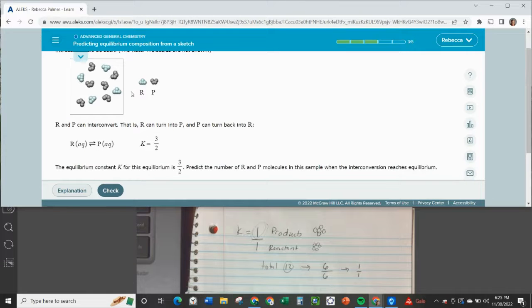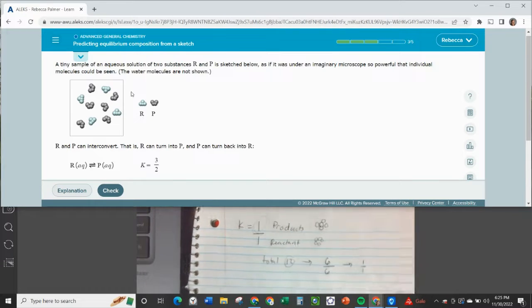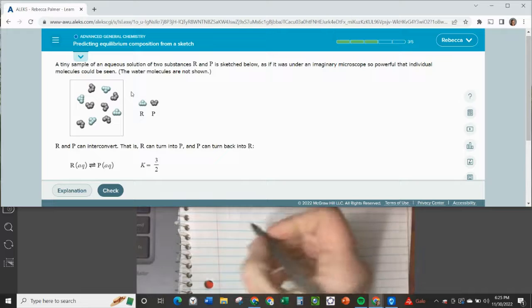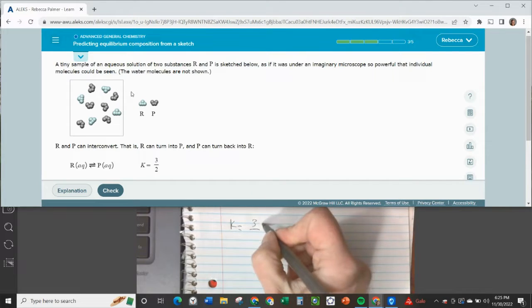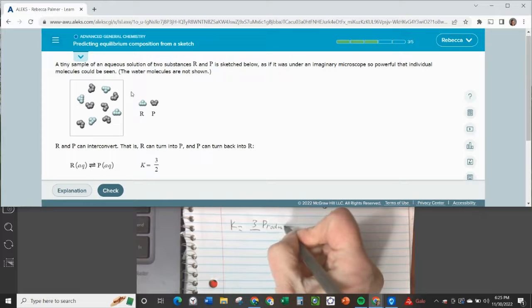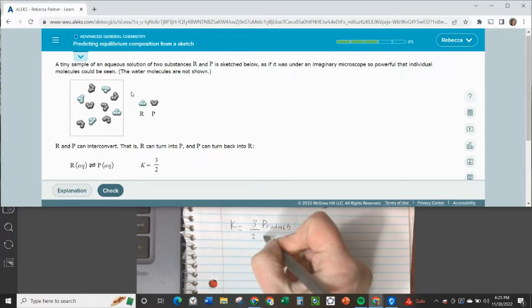Okay, how about this one? This one looks a little bit trickier. Here we are looking at our equilibrium constant. It's telling me that I need 3 products for 2 reactants, remember products are on the top.